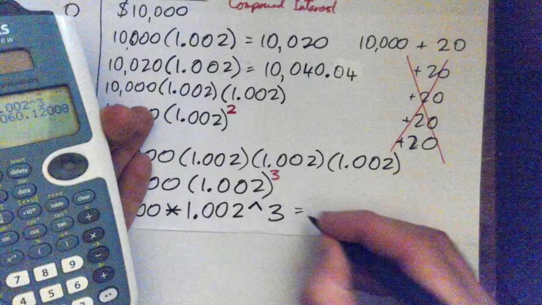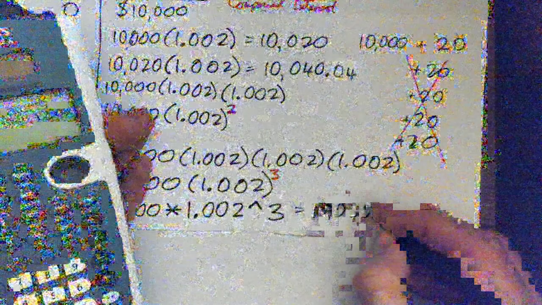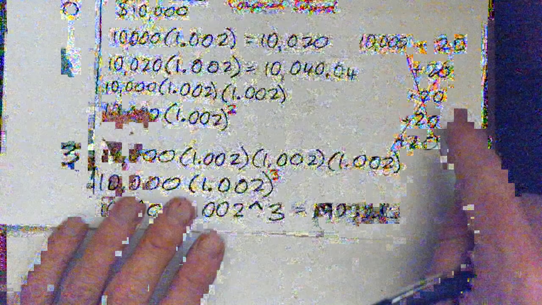And there we get 10,060 and 12 cents. And that 12 cents represents the kind of interest on top of interest that we get from the compound interest. So it's 10,060.12, right?